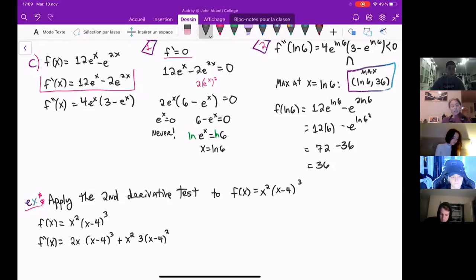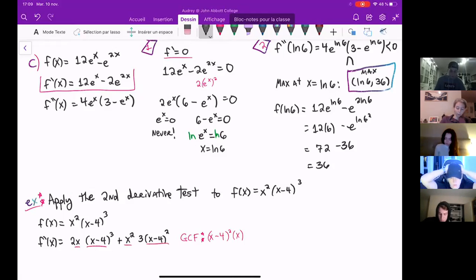And since I'm about to take another derivative and I want to find where f prime equals 0, do I need to simplify this? Yep. What's my GCF? (x minus 4) squared and x times (x minus 4) squared. You got it. There's an x on both sides and there's (x minus 4)s on both sides.